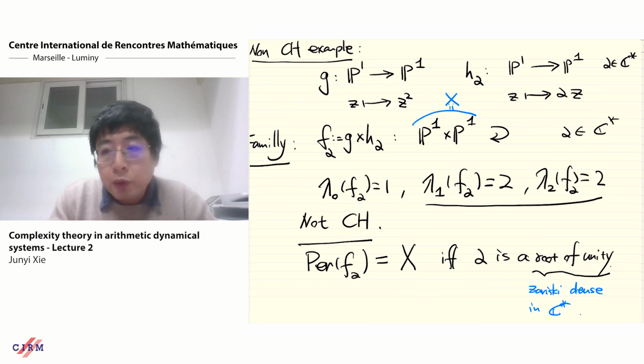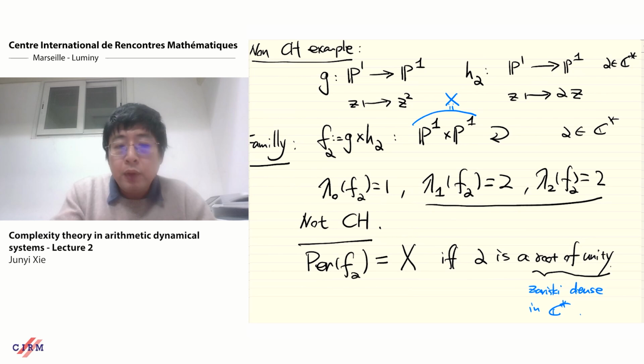It is very easy to see that the dynamical degrees of F_alpha are 1, 2, 2. So lambda 0 is 1, lambda 1 is 2, and lambda 2 is 2. So it is not cohomologically hyperbolic because lambda 1 equals lambda 2, so the maximum value is not unique.